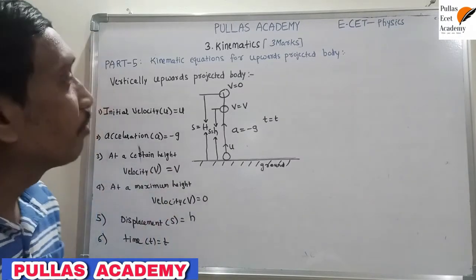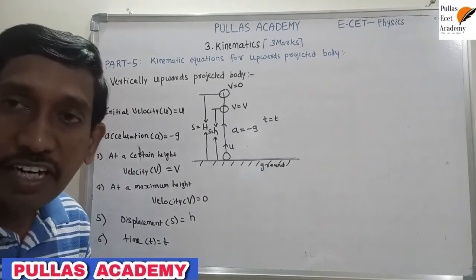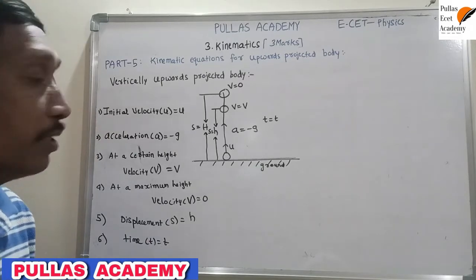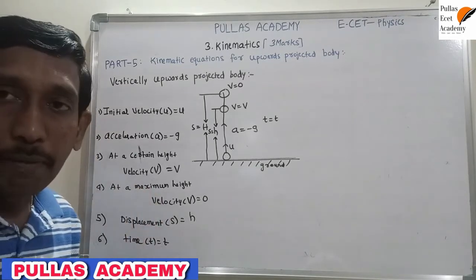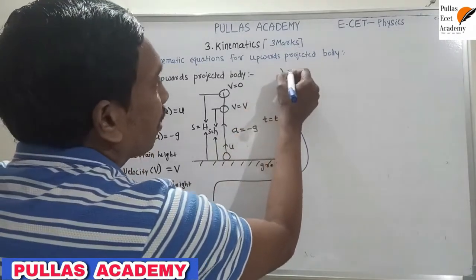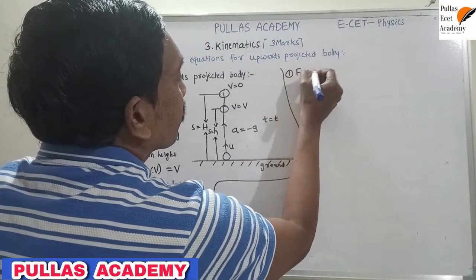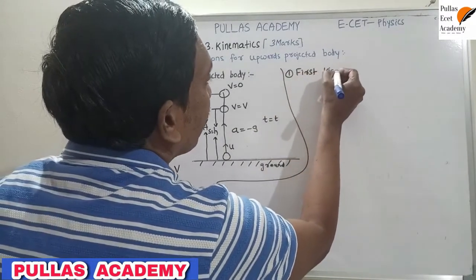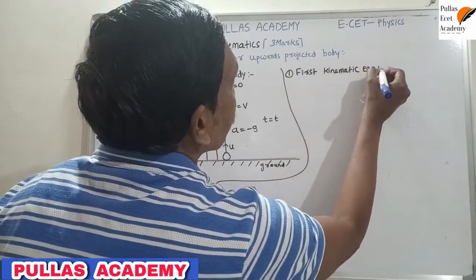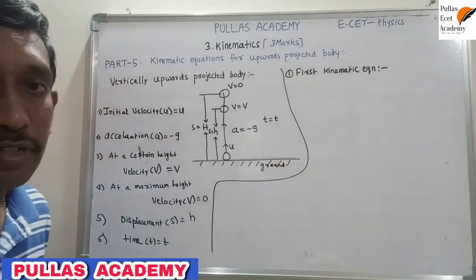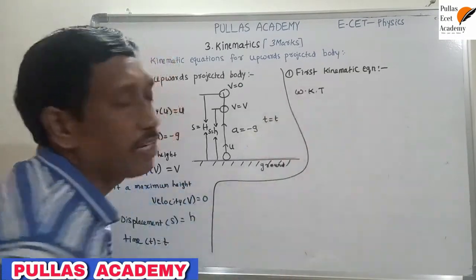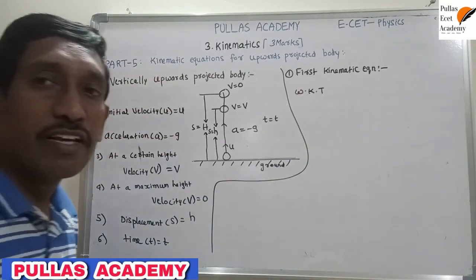Now we are going to discuss the kinematic equations for this upwards projected body. This is very important. Now it is very easily understood if you know all these parameters. Listen carefully. First we are going to discuss the first kinematic equation, also called the first equation of motion. Actually we know the first kinematic equation for a uniformly accelerated body.